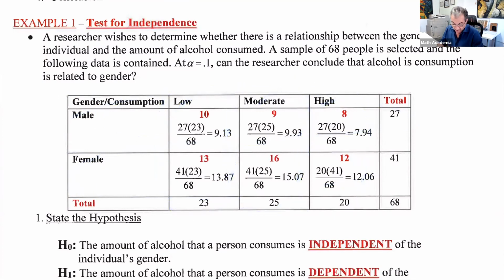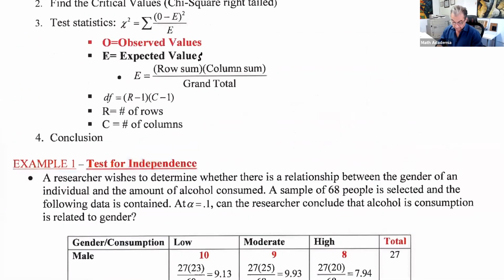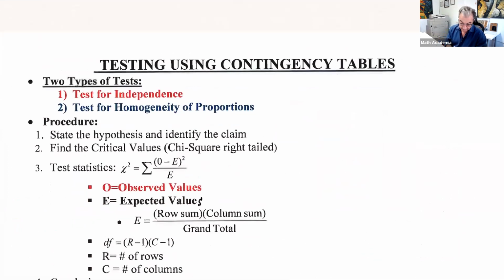So that's how it works. Now I will go over this example, see how this works. But usually when you're given a table like that, this table is called a contingency table. So it's a multinomial experiment or process.